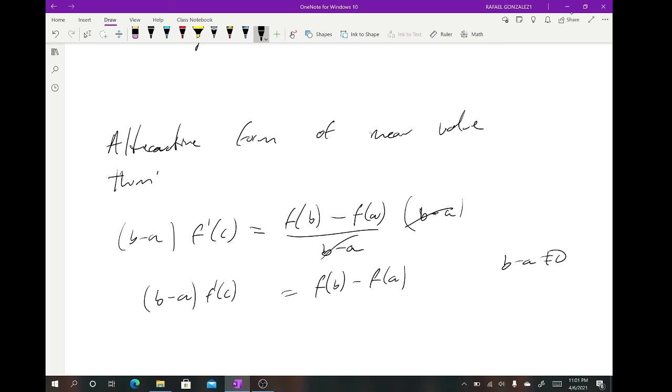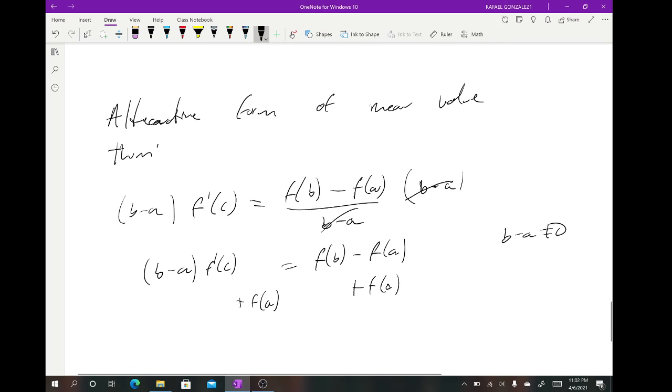So that means that these cancel out, assuming that b minus a is not equal to 0. So we're left with f of b minus f of a being equal to b minus a times f prime of c. And now we can add f of a on both sides. And we have that f of b is equal to b minus a times f prime of c plus f of a.